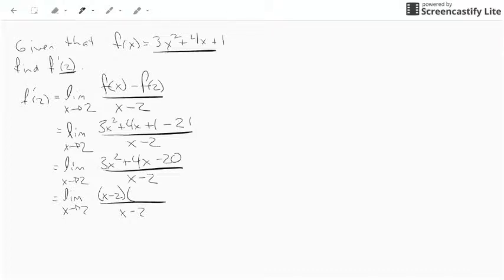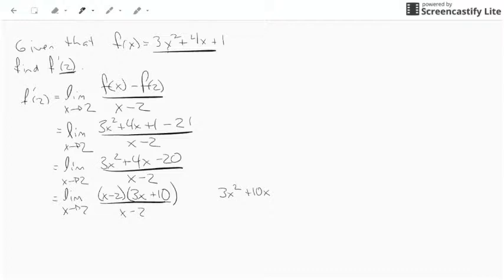Now, if that's the case, then up in my numerator, to get the 3x² in the previous step, this has to be a 3x. And to get the final product to be minus 20 at the end, this has to be plus 10. Now, does that actually work? Let's multiply these binomials out. x times 3x is 3x². x times 10 is positive 10x.